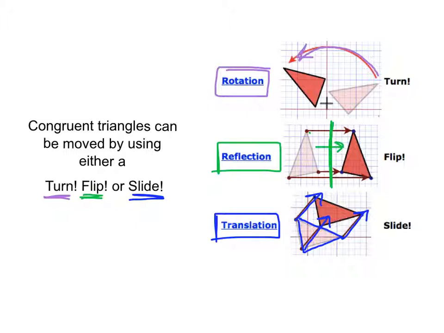So you either turned it as a rotation, flipped it over an axis as a reflection, or slid it as a translation. That's how congruent triangles can move. They can move using a turn, a flip, or a slide, but they don't actually change shape.